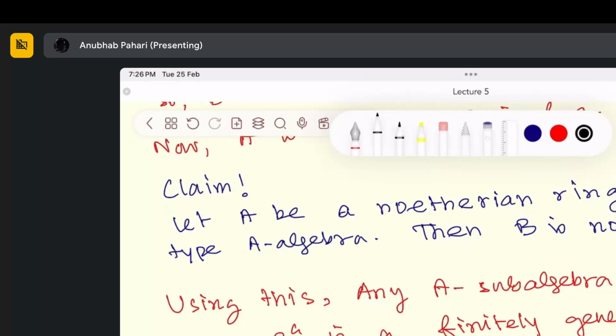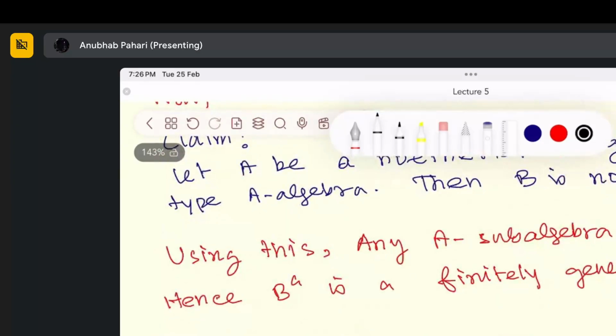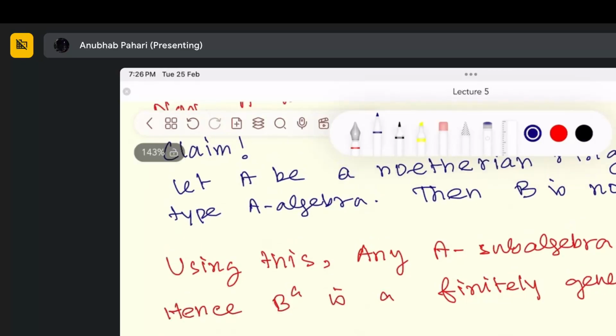So that is problem 4. Suppose 0 to A to B to C to 0, with maps f and g, is a short exact sequence of R modules.